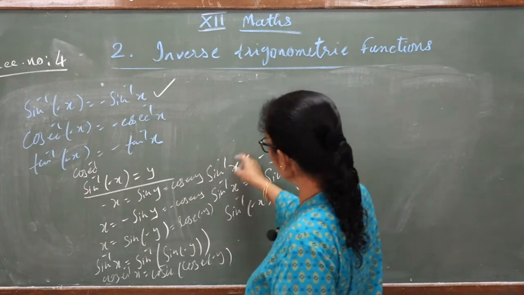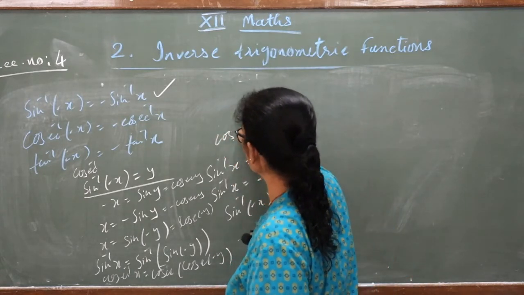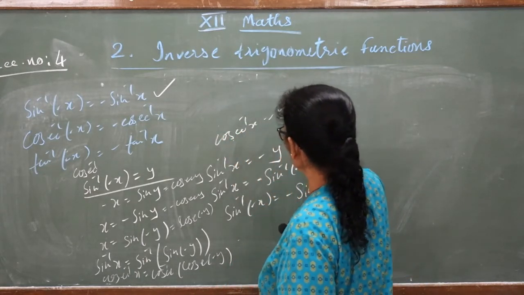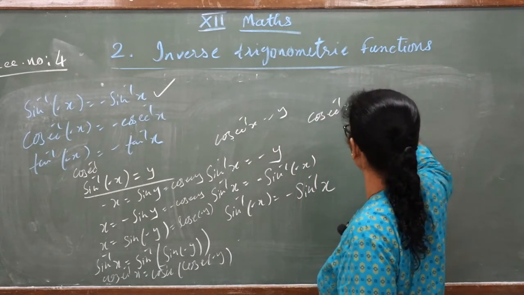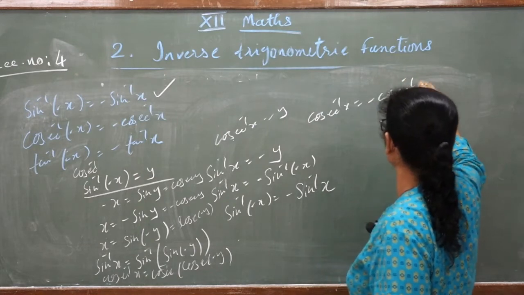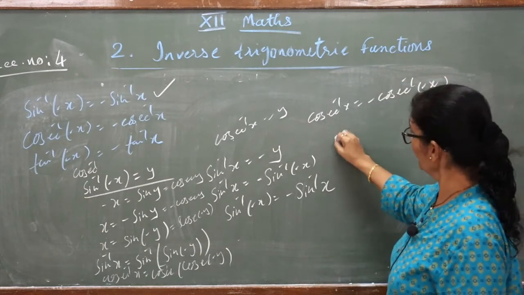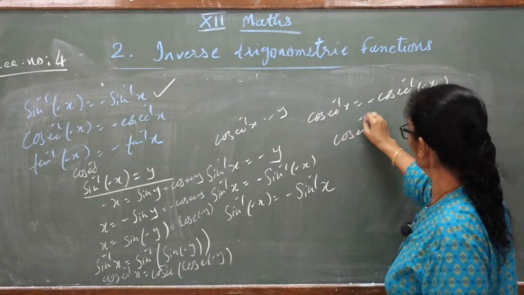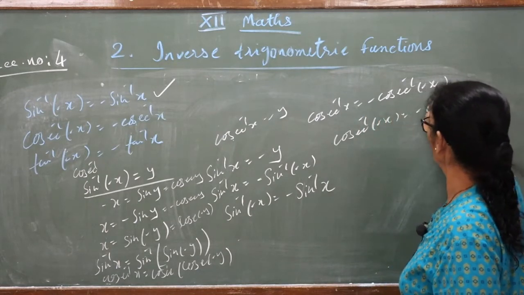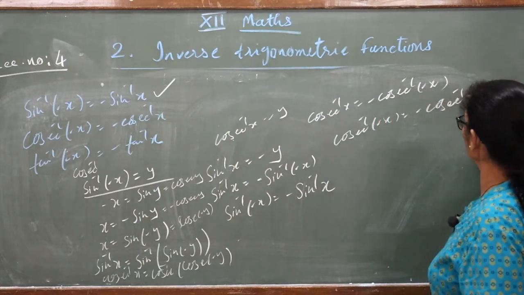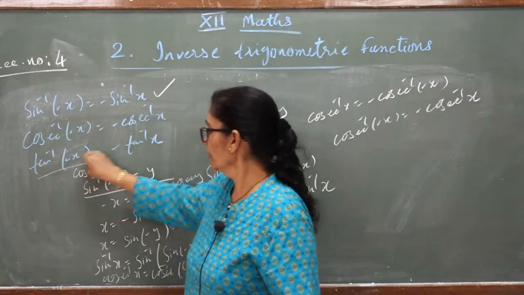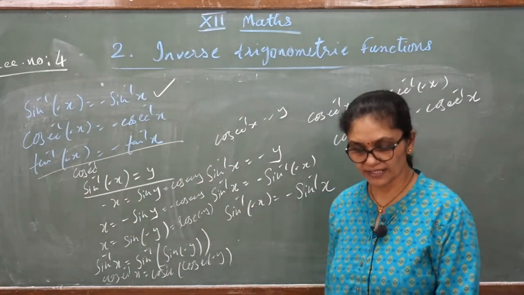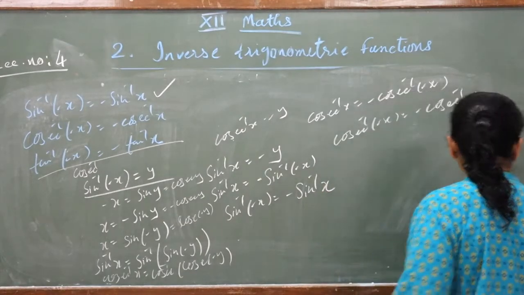Now again cosec inverse x equal to y. So what you get? Cosec inverse x equal to minus cosec inverse minus x. We are shifting the minus sign over here, so cosec inverse minus x equal to minus cosec inverse x. Similar way you can prove for tan also. So this is the easiest way to prove our properties.